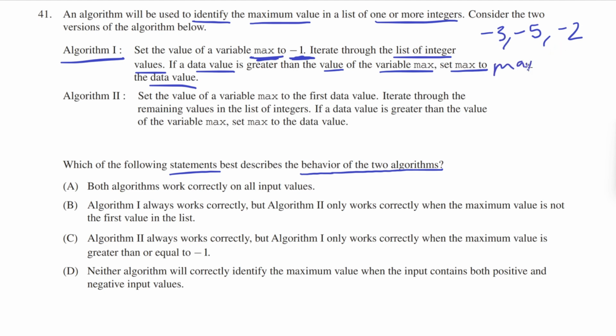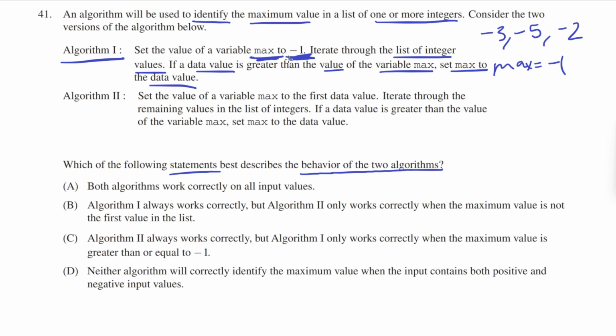If we're setting max equal to -1 in the beginning, whenever we start this algorithm, the problem is -1 is greater than any of these numbers. So if we were to go through this list, -3 is less than -1, so max stays the same. -5 is less than -1, so max stays the same. And -2 is less than -1, so max stays the same.